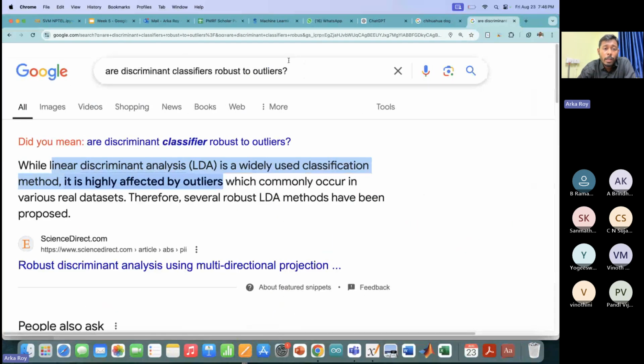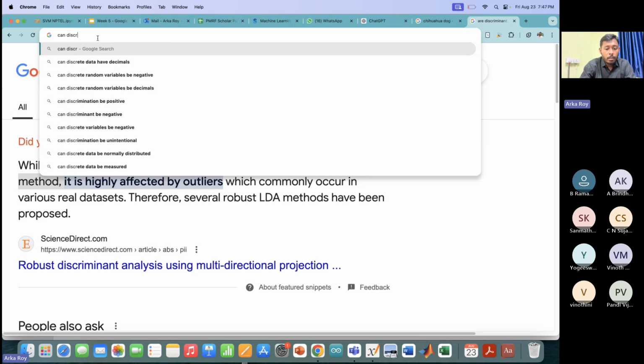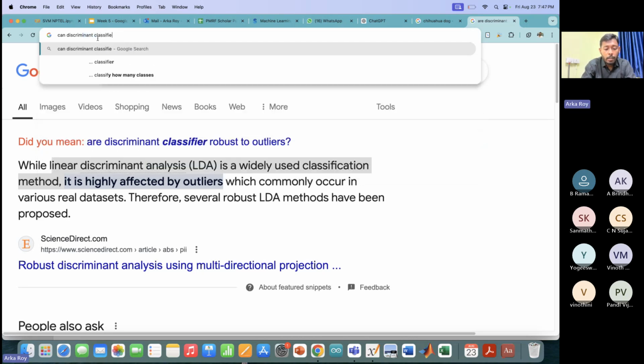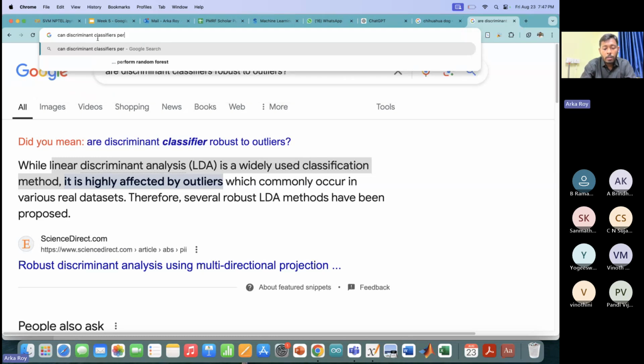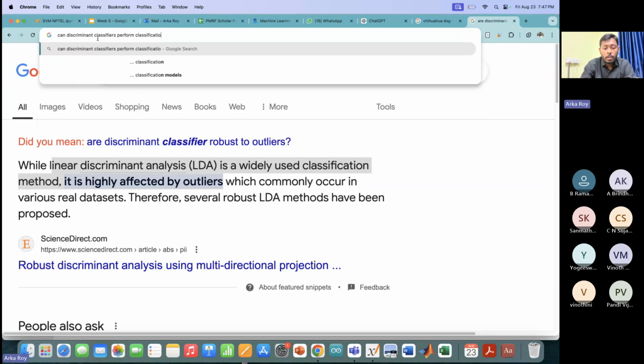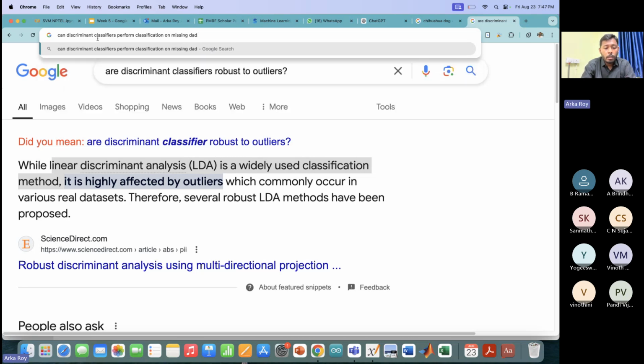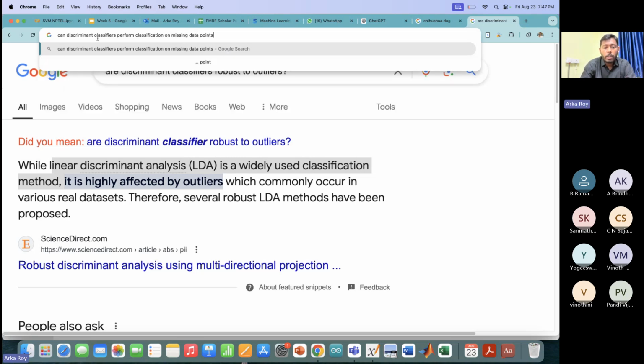So if I just show you another example, can discriminant classifiers perform classification using missing data points.